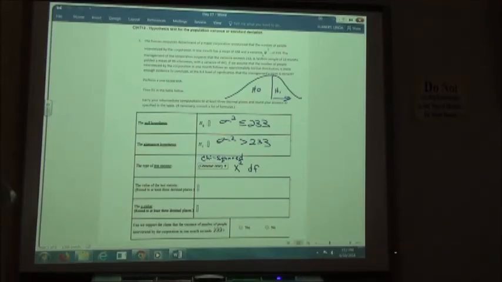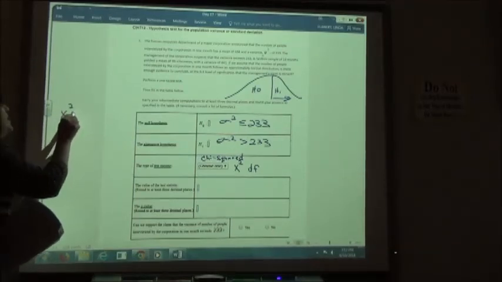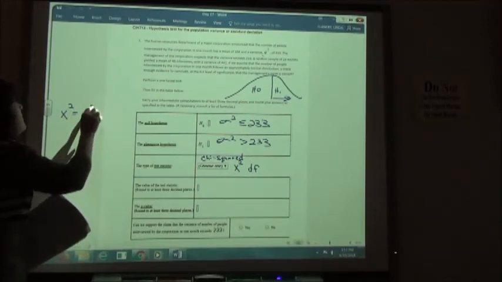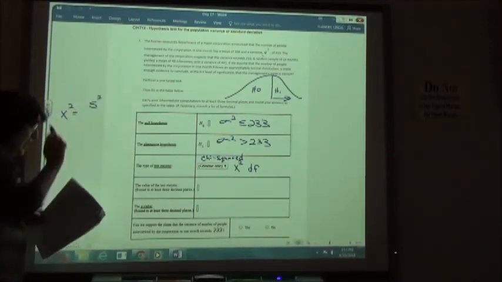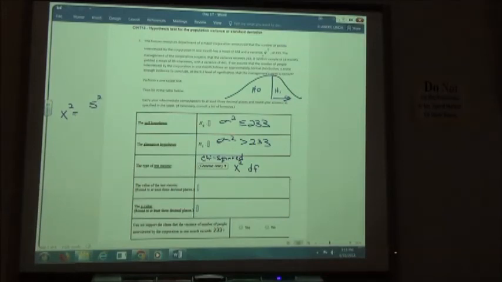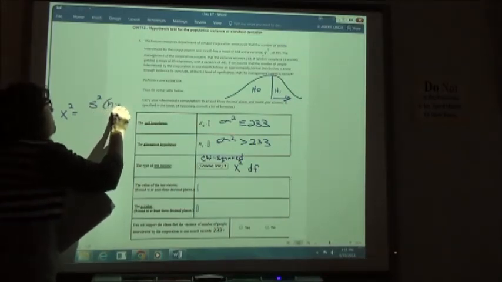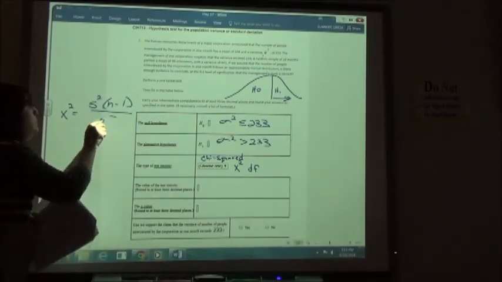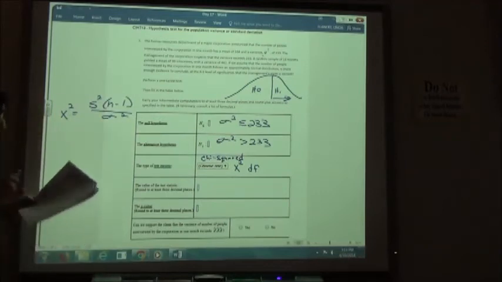So when we are doing our test statistic to find chi-squared, we are going to do the standard deviation squared, which is actually your variance, times n minus 1 over the population standard deviation squared.